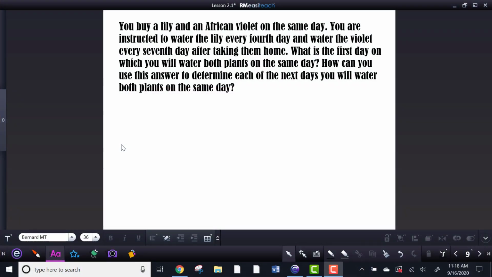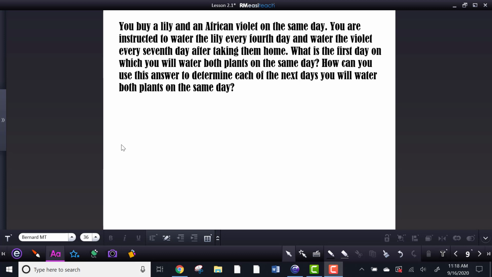It says, you buy a lily and an African violet on the same day. You are instructed to water the lily every fourth day and water the violet every seventh day after taking them home. What is the first day? That's a key term with least common multiple. Whenever you see the word first, or the word least, what's the least amount of something?